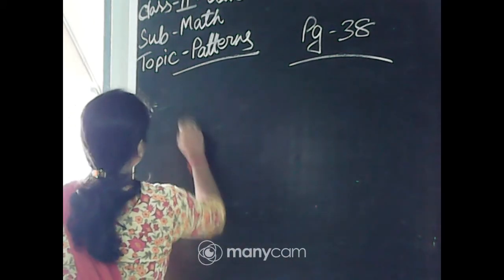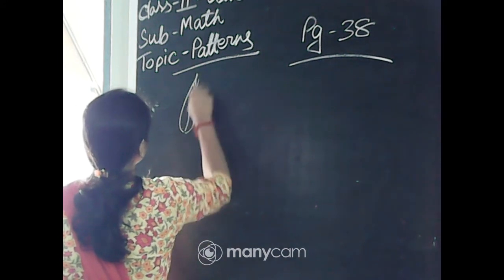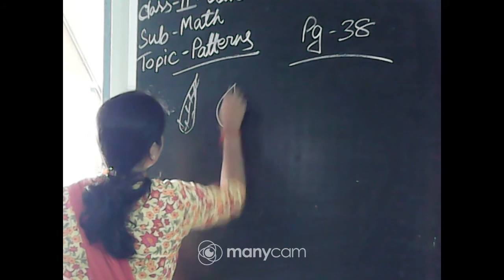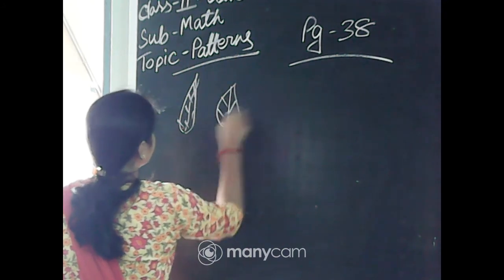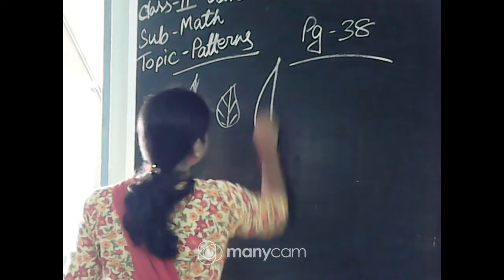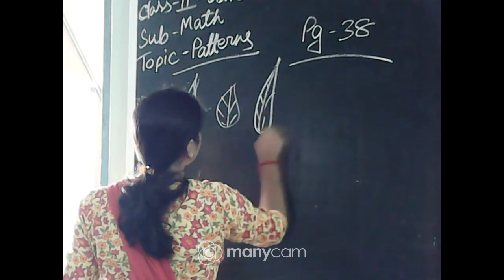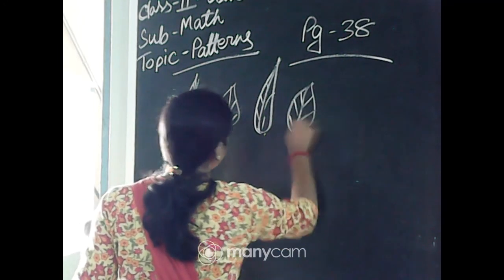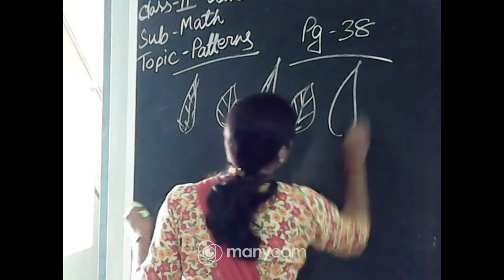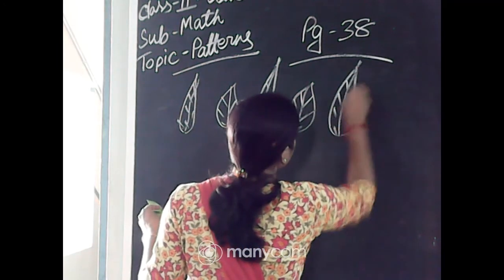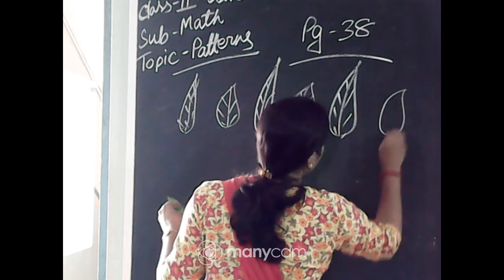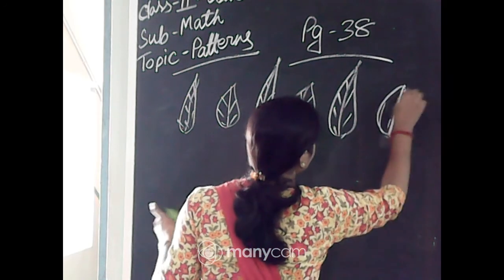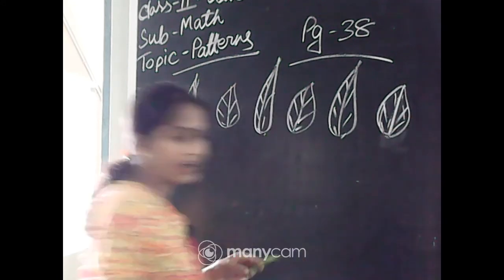This is the mango leaf and this is the guava leaf, a little bit round in shape.